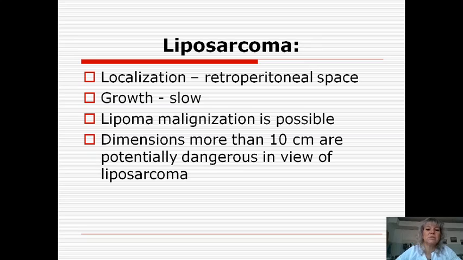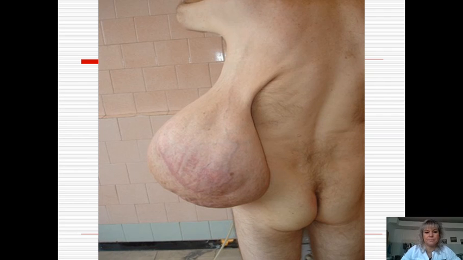What about liposarcoma? Localization more often in the retroperitoneal space. Growth is slow. Lipoma malignization is possible. Dimensions more than 10 centimeters are potentially dangerous in view of liposarcoma.